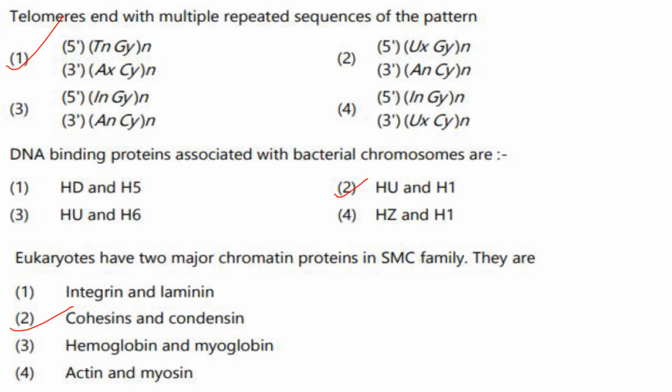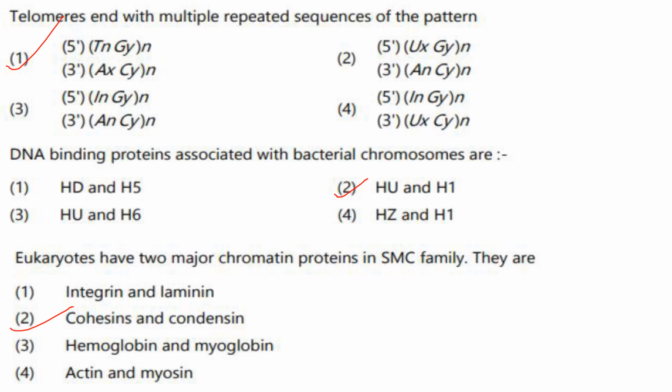HU is histone-like protein from strain U93 and it functions in DNA bending, wrapping, compaction, etc. And H1 is also called HNS or histone-like nucleoid structuring protein and it functions in DNA compaction, gene regulation, nucleoid organization, etc. So the DNA binding proteins associated with bacterial chromosomes are HU and H1.